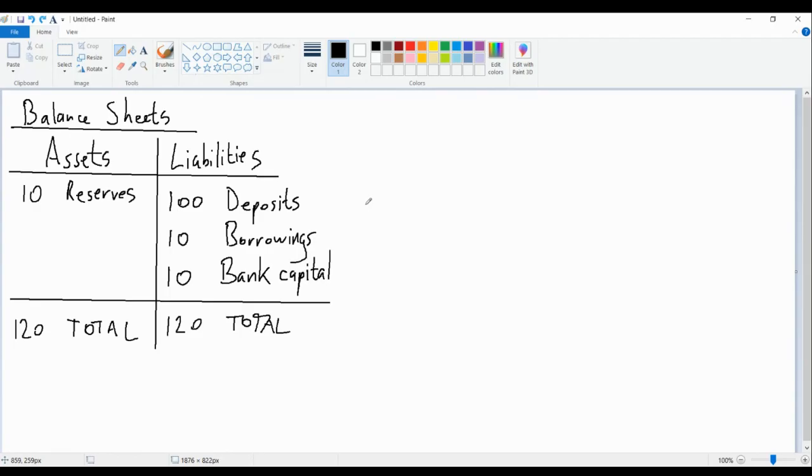So the banks always need to have some reserves. In addition, the rest of the funds are lent out in some form or another. They could be lent directly as loans, or they could be lent through the purchasing of securities of one form or another. And these are the same numbers that I think I used last time.